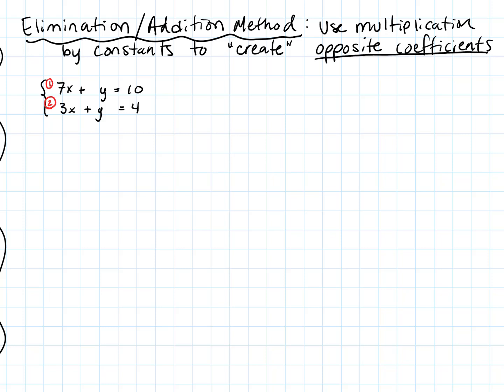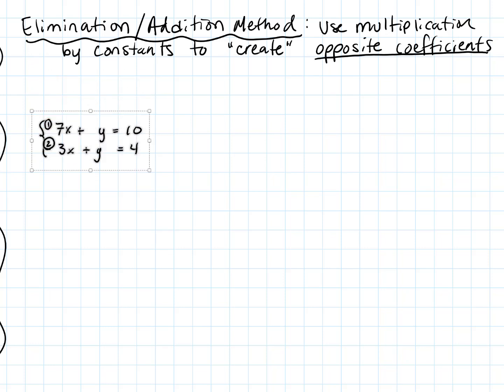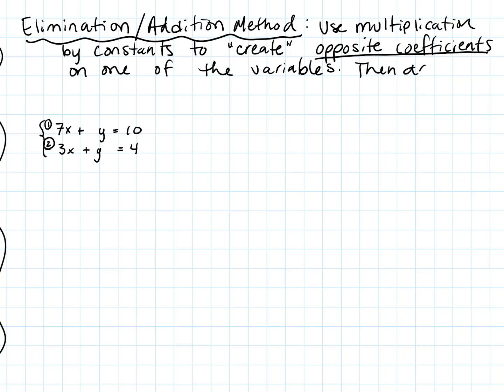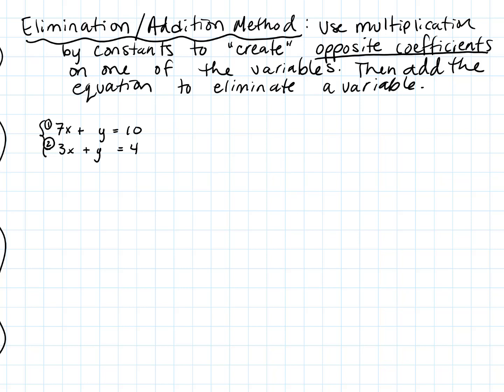Talk about that in the context of the problem here in just a second. To create opposite coefficients on one of the variables, I'm going to move our system down a little bit. Then add the equations to eliminate a variable.